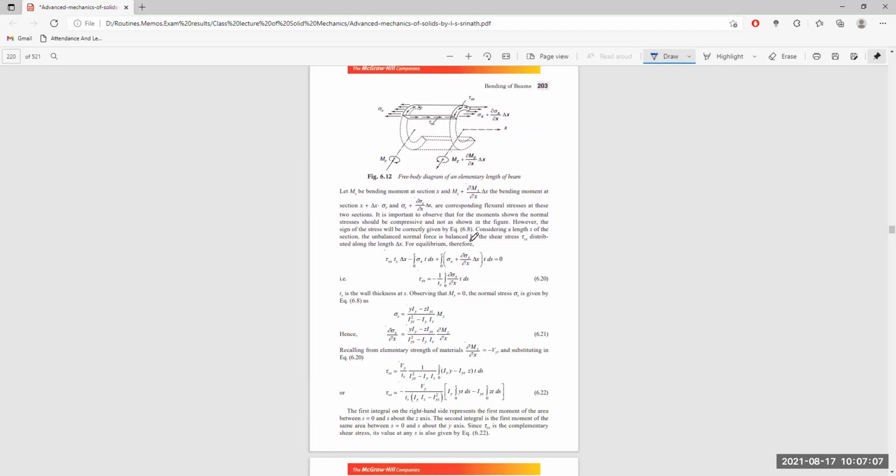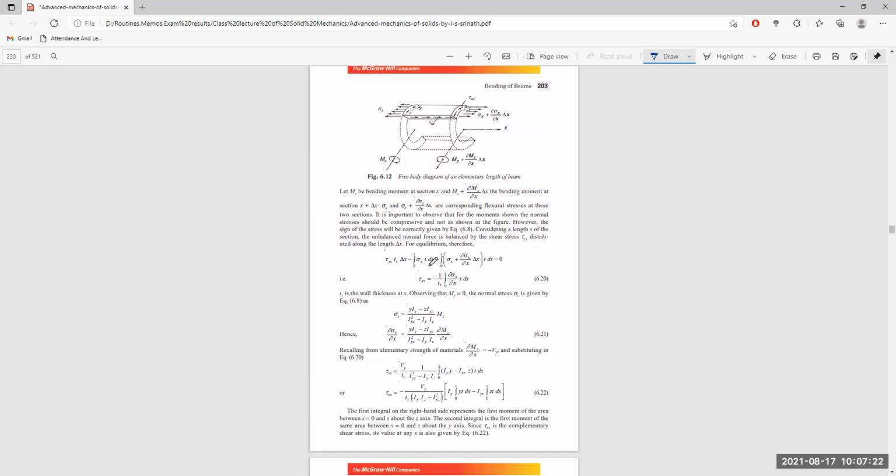Considering the balance, all this unbalanced normal force, which is here and here, is supposed to be balanced by this shear force tau XS distributed along the length. So you have to add all these things and it should be equal to 0.